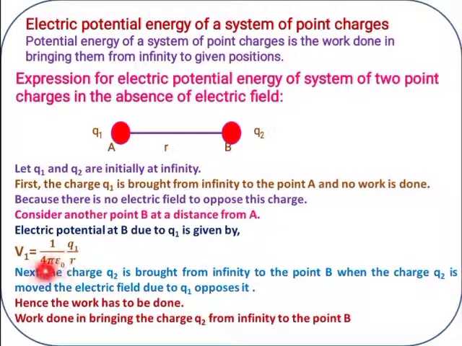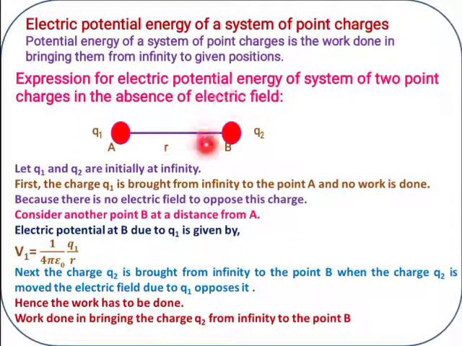But here I mention V1 and Q1 instead of Q, because the electric potential due to this charge is V1 is equal to 1 by 4 pi epsilon naught Q1 divided by R. At point A, in this case, work done is 0.